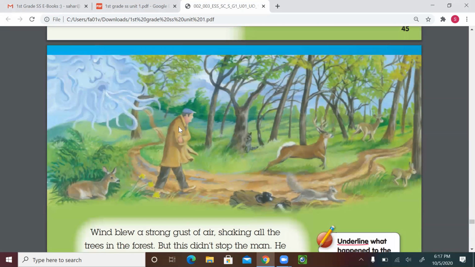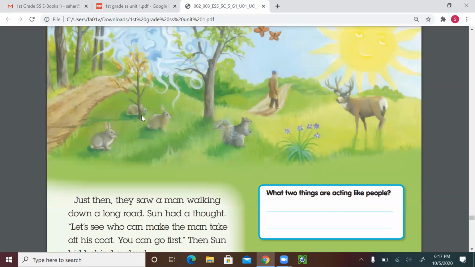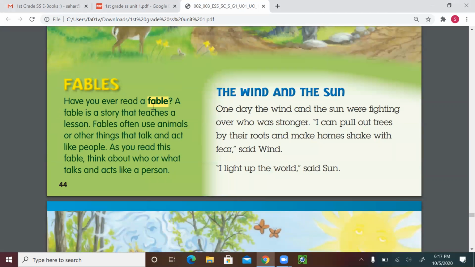Very good. So this was a fable, and we learned that a fable is a story that teaches a lesson, and usually uses animals or other things that talk and act like people. So when we heard the story, we know that the two things that were acting like people in this story were the sun and the wind.